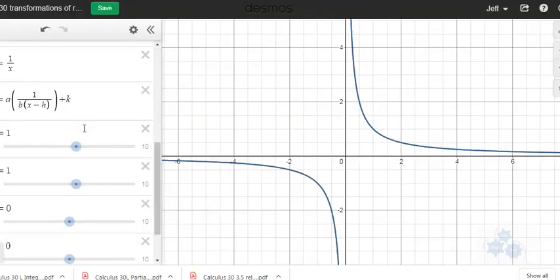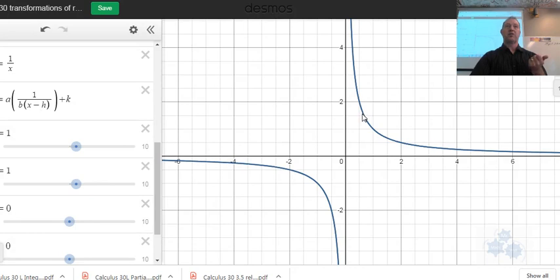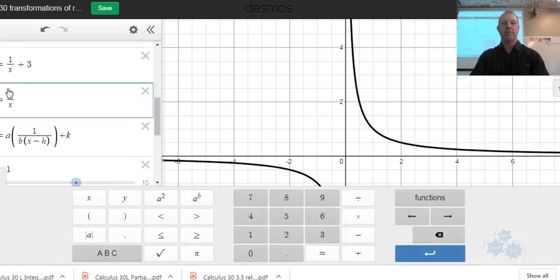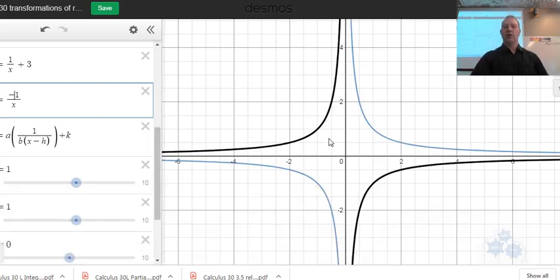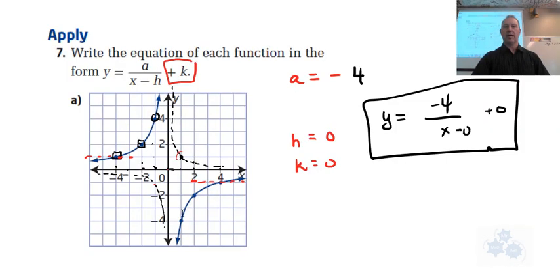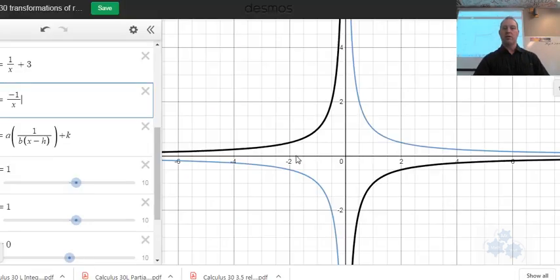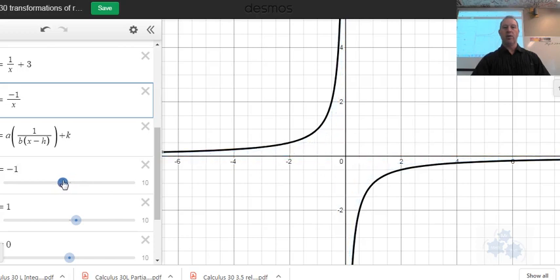Okay? But just looking at this Desmos again, so how do we get to this transformation in 7? Well, if we graphed y equals negative 1 over x, it would look like this. That's pretty close to what that graph looks like, the blue graph. But it looks like it's been pulled up a little bit. You see how the blue graph has been stretched? So if we mess around with the stretch now, so let's go over here and make this a negative 1.